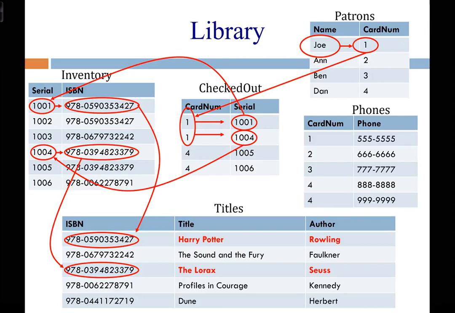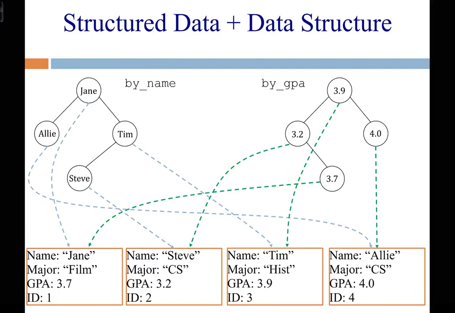And it's not a problem because these tables have data structures built around the interesting columns. So if we need to quickly find Joe, we can do that. That gives us another key. We can take that key to quickly find whatever else in some other table. The fact that the data is structured is what allows us to do this.